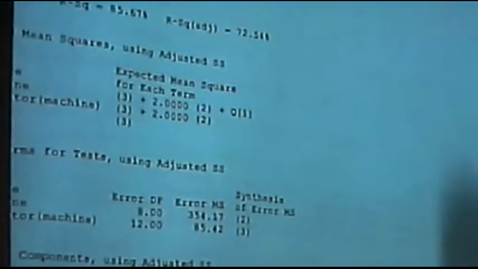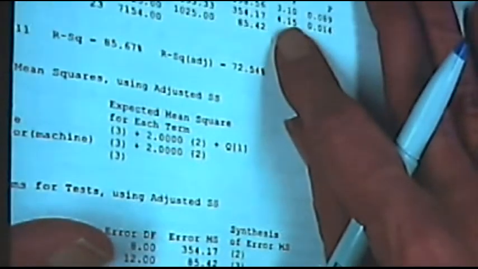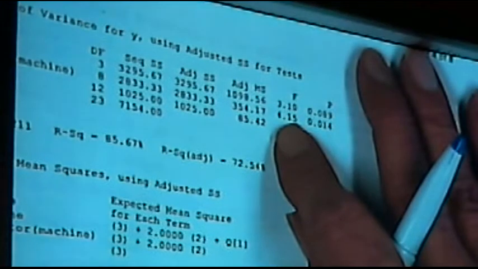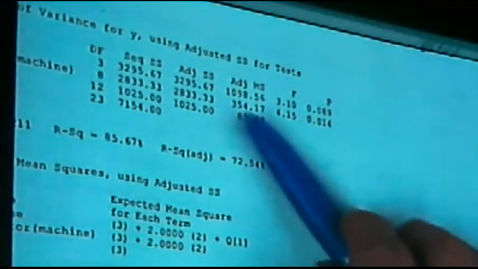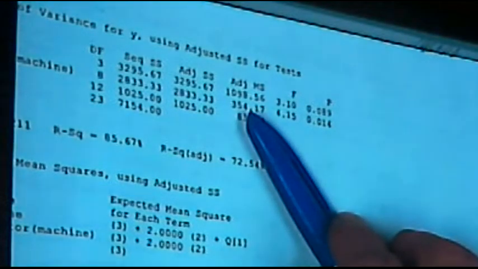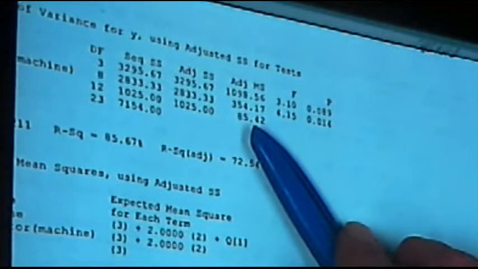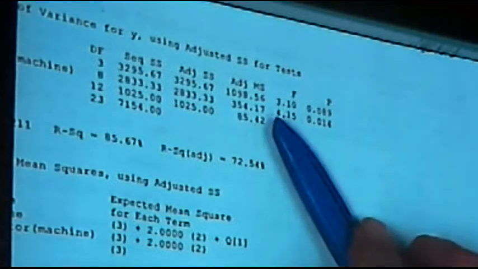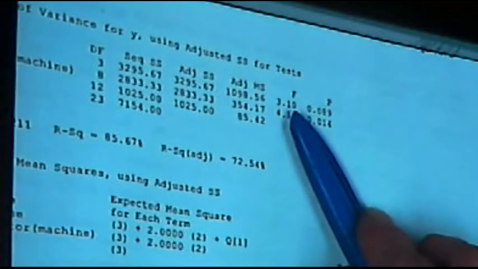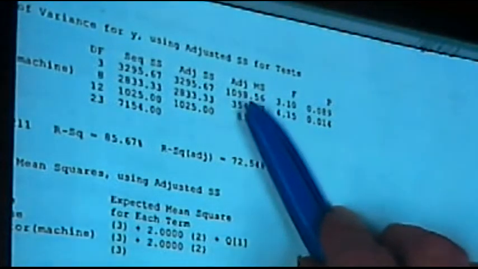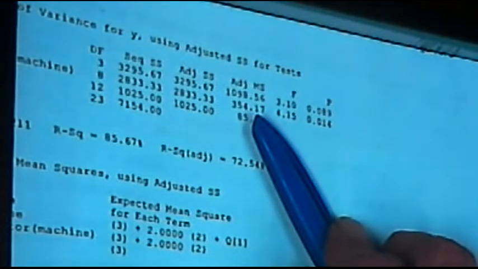The proper denominator for testing A is the B within A. So let's see if the numbers kind of match up over here. So for this bottom F, we should be taking the quotient of these two mean squares right here, 354 over 85. And that comes out to be about 4. So it's doing that right, I think. Now the F of 3.1 should be the top mean square divided by the second mean square.